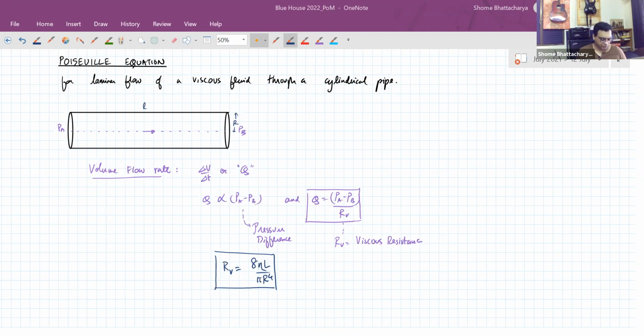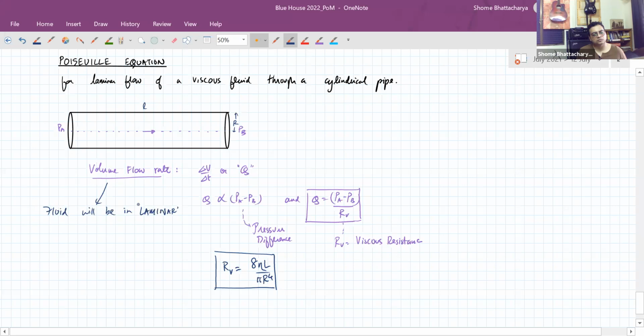So that is one thing, but another interesting thing about it is that the fluid will be in laminar flow, such that it has a radial velocity gradient.